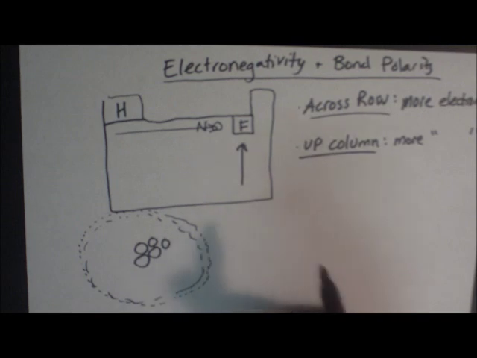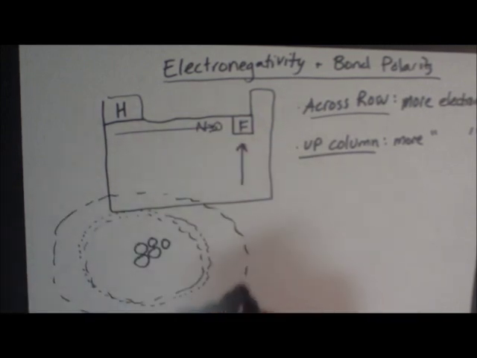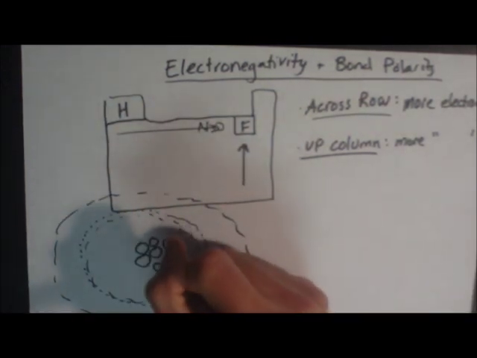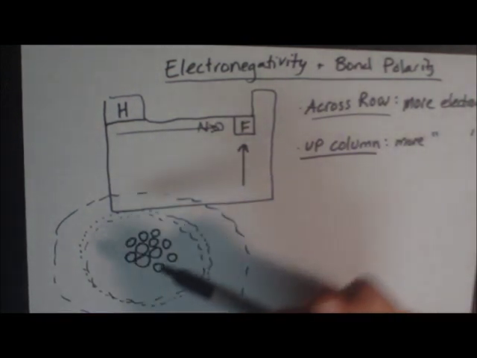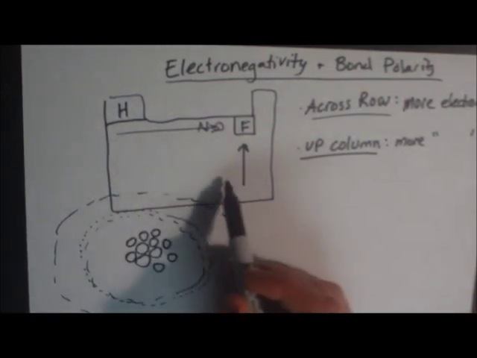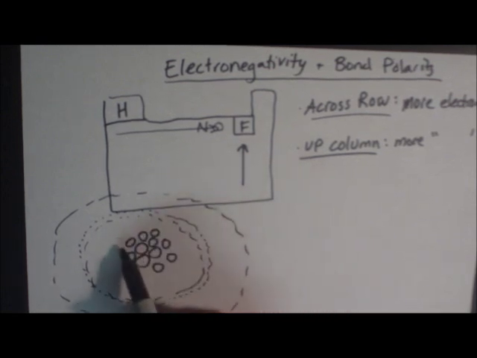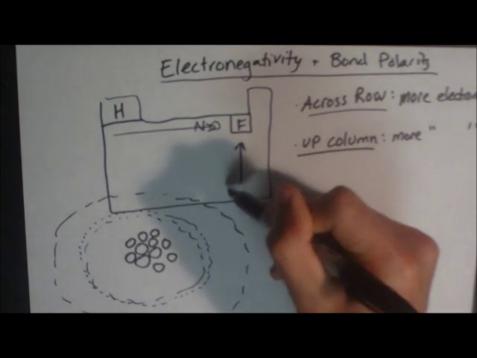In this case, your shell is getting bigger, and you're gaining more protons. So, wouldn't it make sense that once you're down here, you're going to be in the 70s, 80s, 90s, and that means you're going to have 90 protons in a molecule. Once you have 90, that nucleus is going to be very, very positively charged. So why isn't this the most electronegative?